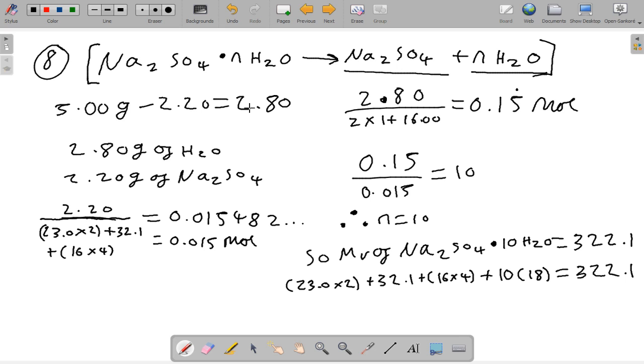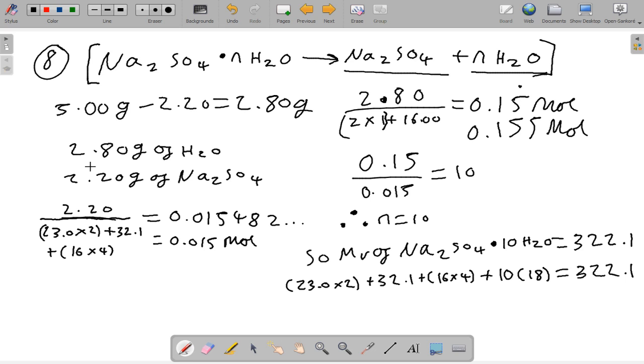So 5 minus 2.2 is 2.8 grams, and then 2.8 over 18 gives us 0.15 recurring moles, or to 3 sig fig, that would be 0.156 moles. But keep the recurring bit in your calculator so it does it to more accuracy.